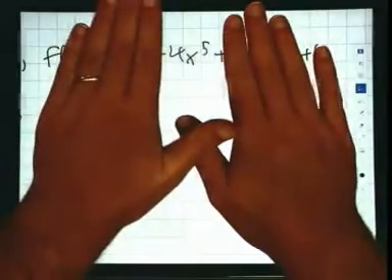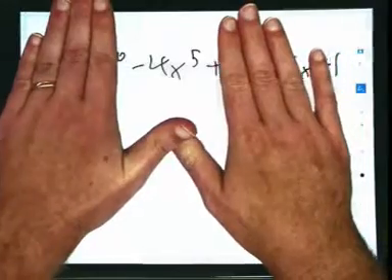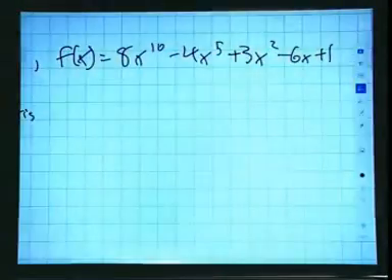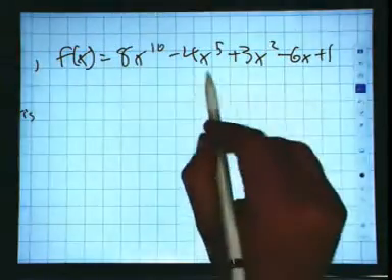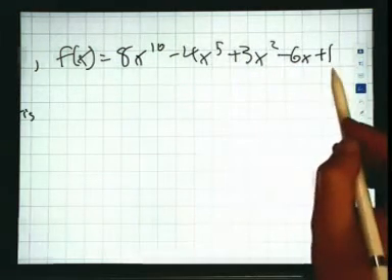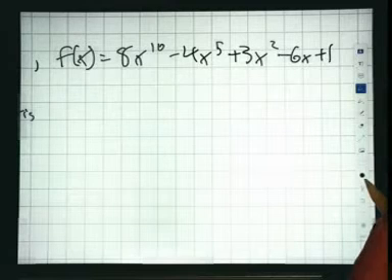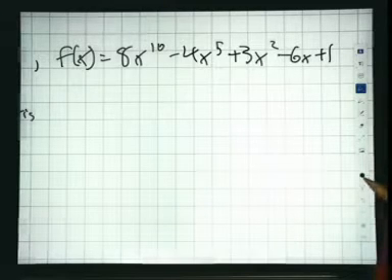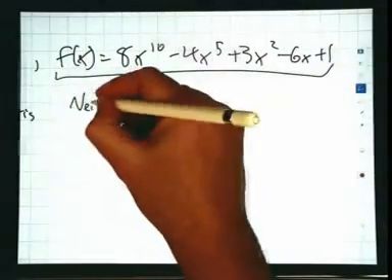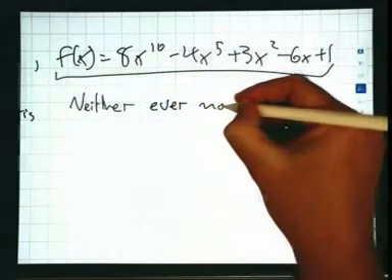Or if I was just looking at negative 4x to the 5th, that would be odd because the 5 is odd. But as soon as we start adding all these other x terms, you have an even term, an odd term, another even term, an odd, and you have this constant way over there, that's going to throw everything way out of balance. It's not going to be symmetrical anymore. So this is neither even nor odd.